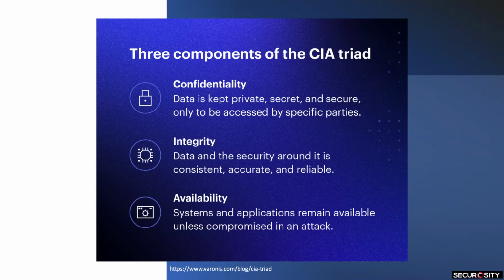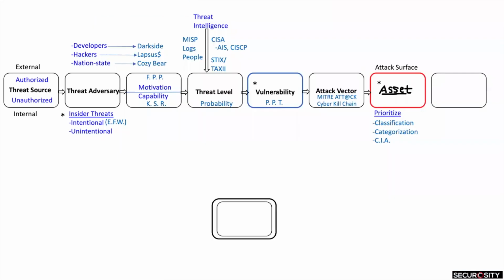It's about ensuring information and information systems are available and accessible. After completing the prioritization exercise, the assets that we need to protect should be effectively reduced along with the attack surface. Instead of protecting all the assets, we would only need to allocate resources protecting the subset of assets that are of high value and critical.